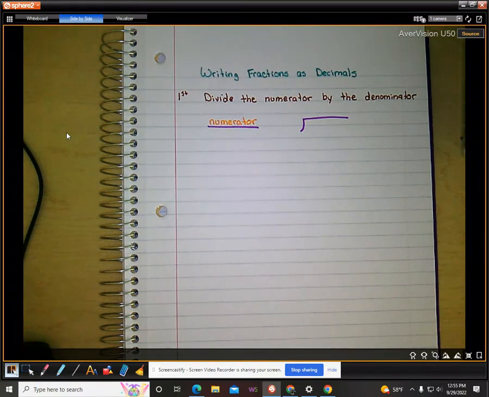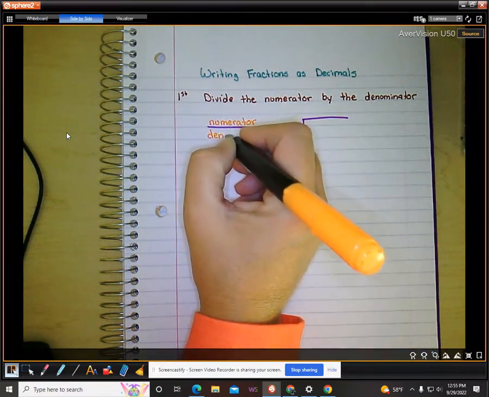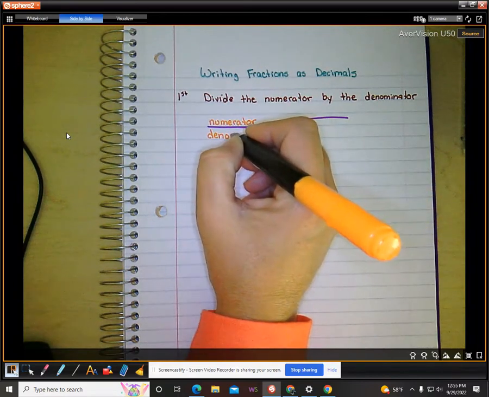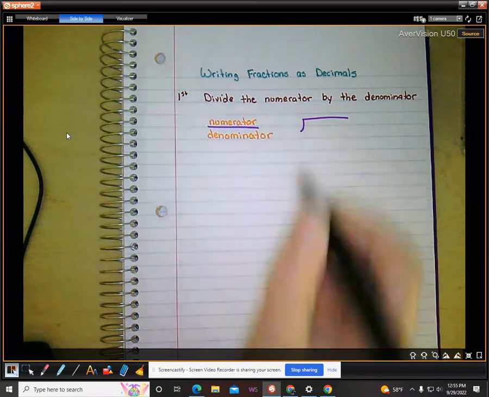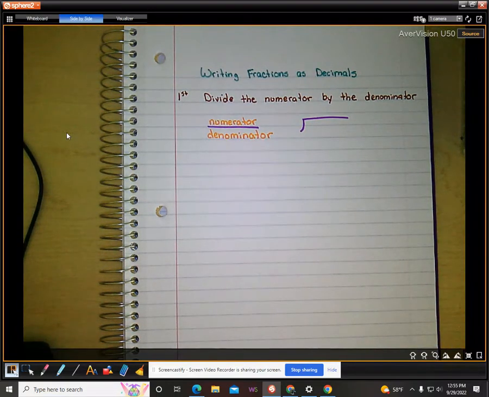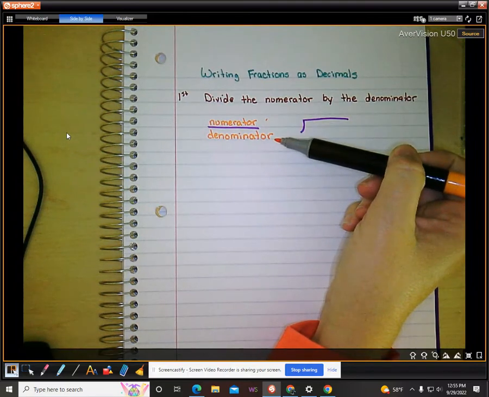Then obviously the denominator would be, Aubrey? The bottom. So denominator is down, okay? So anytime you have a fraction, your top number is your numerator, bottom number is your denominator.